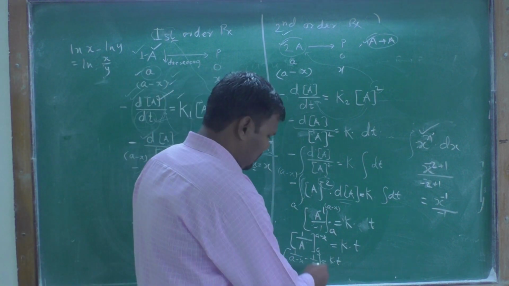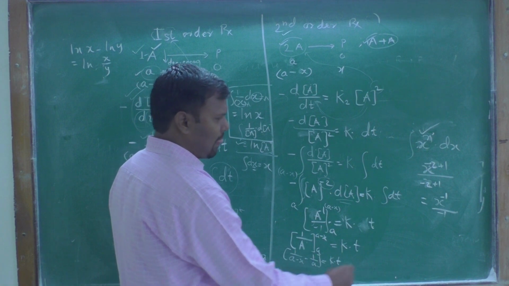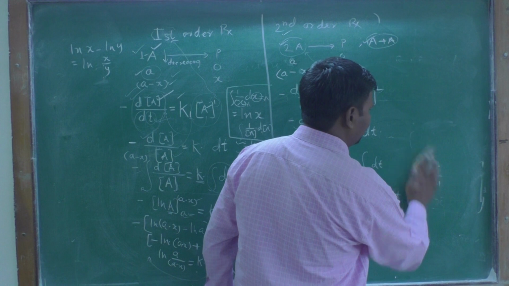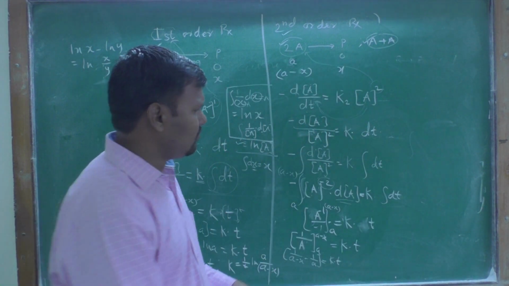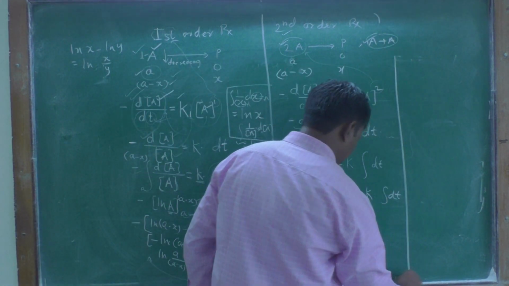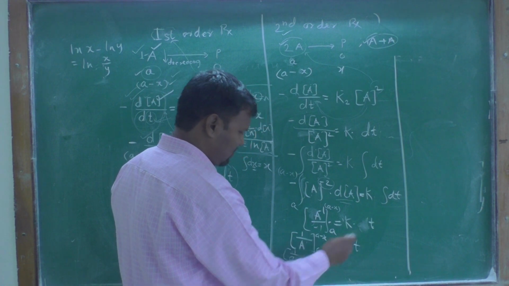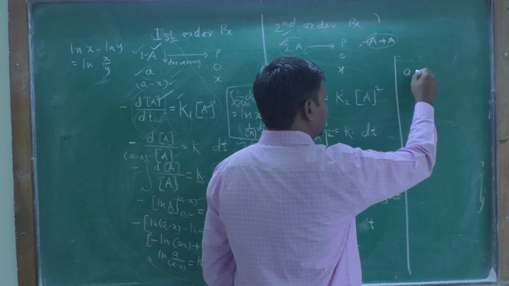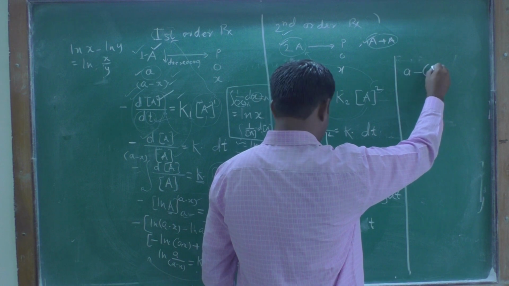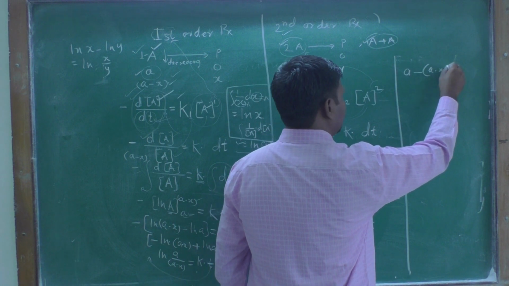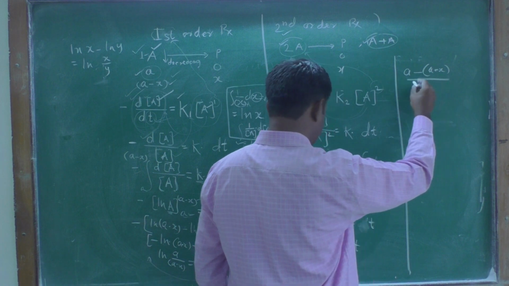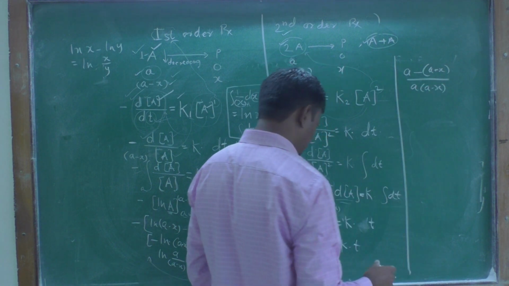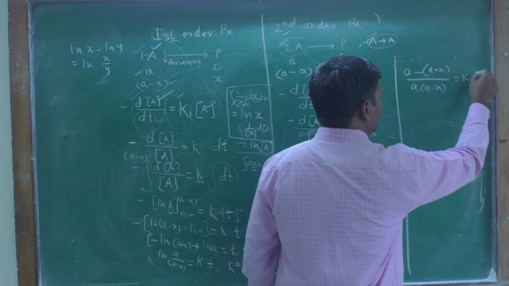For this you have to do cross multiplication. After the cross multiplication you will obtain a minus x upon a minus x. Okay, cross multiplication is the thing, k into t.